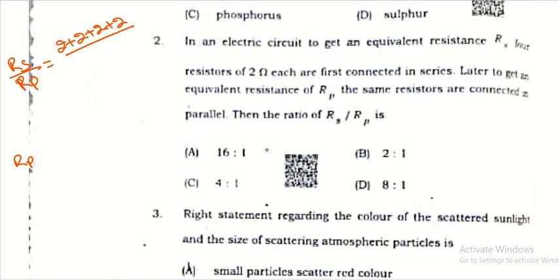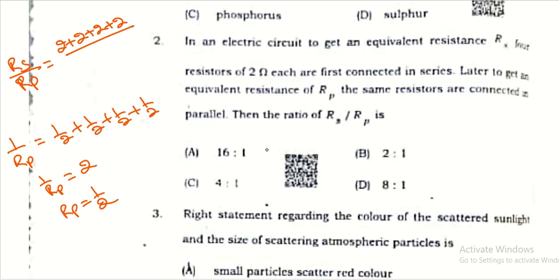To find RP, 1 by RP is equal to 1 by 2 plus 1 by 2 plus 1 by 2 plus 1 by 2, so this becomes 2. RP is equal to 1 by 2. Substituting, 8 divided by 1 by 2, the denominator goes to the numerator, that becomes 16 divided by 1, so 16 is to 1 is the correct answer. Therefore option A is the correct answer.